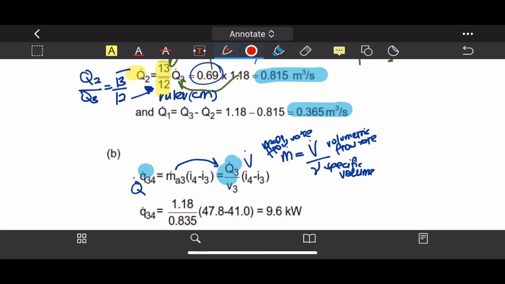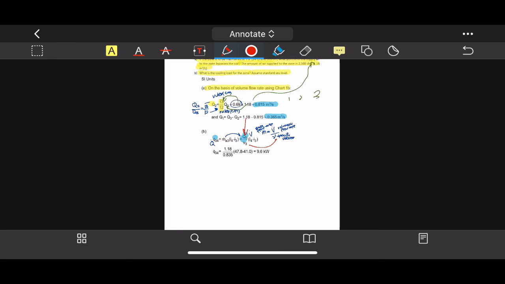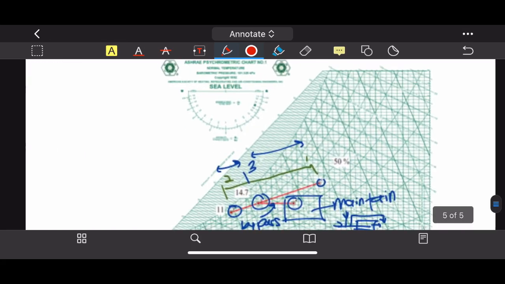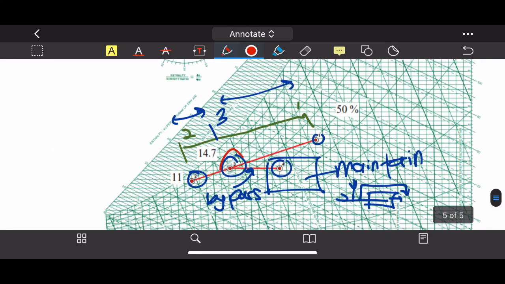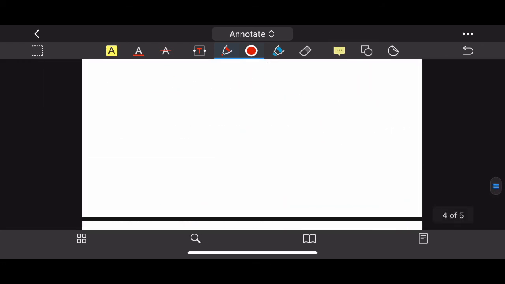Okay, V dot is here, right? So v is what? Sorry, specific volume. Find it from the psychrometric chart. Where is it? Right, so this is state 3. So from there, use your psychrometric chart, find the specific volume, and you will get your m.